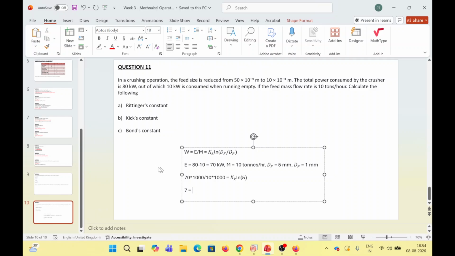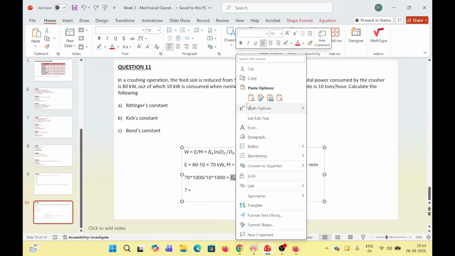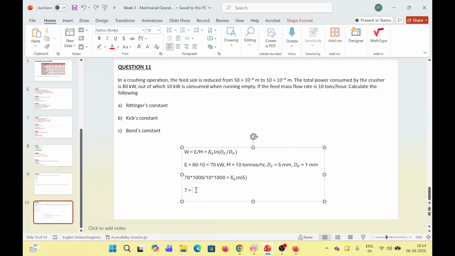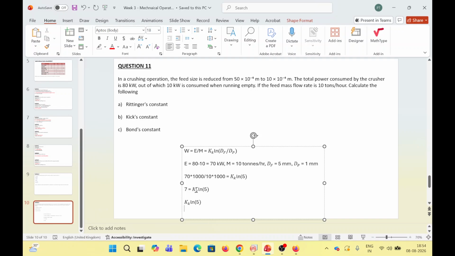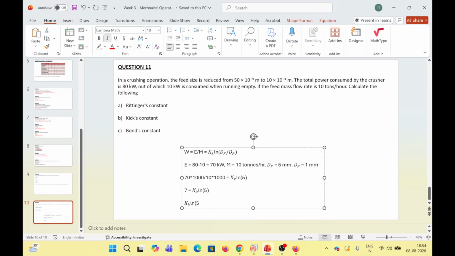It is going to be Kick's constant times ln 5. So Kick's constant is equal to 7 by ln 5.